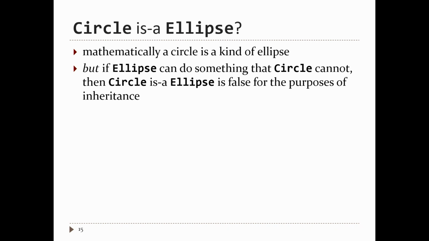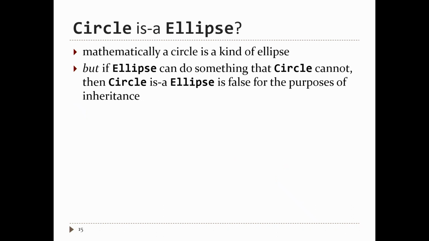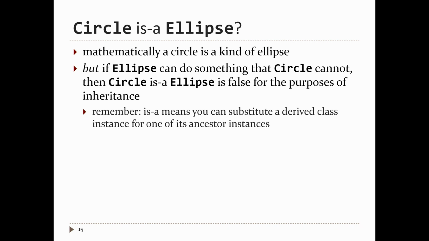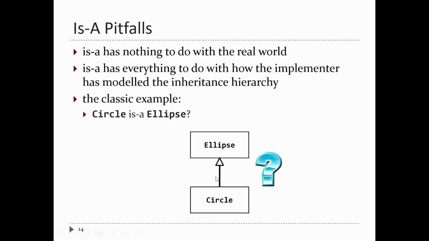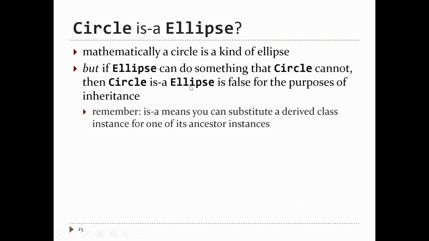So if ellipse can do something that a circle cannot do, then you should not use inheritance to model the relationship between circle and ellipse. Why? Because inheritance implies substitutability. If you implement this hierarchy like this, you're saying anywhere I need an ellipse, I can pass in a circle object. But you can see the problem right here.